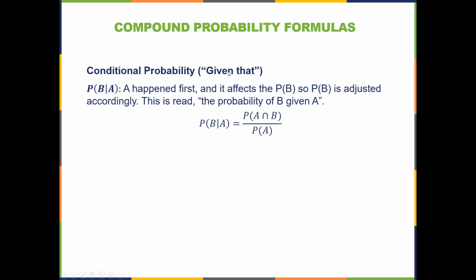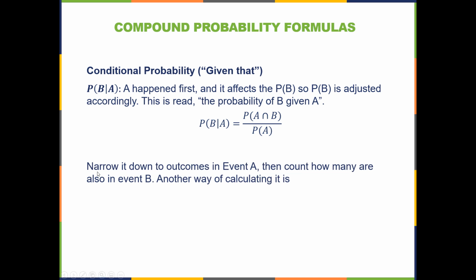So conditional probability has this formula. You can look at it as just using that formula, and that works, or you can think of it as narrowing down the outcomes to only those that satisfy event A. Then within that smaller subset, count how many are also satisfying event B. So you could look at it as the number in A and B in a single trial.